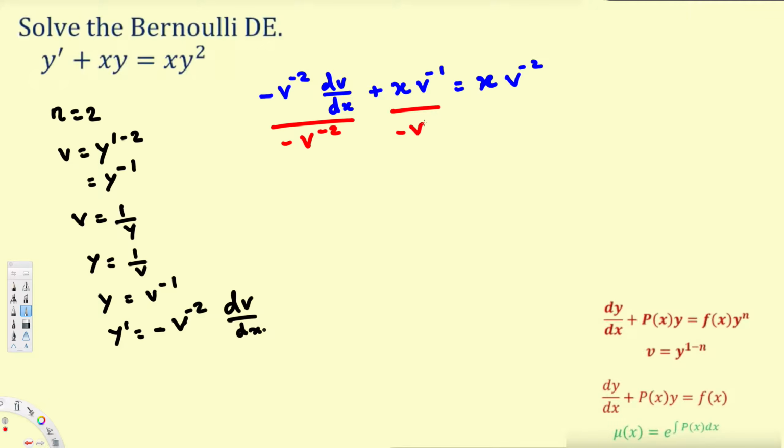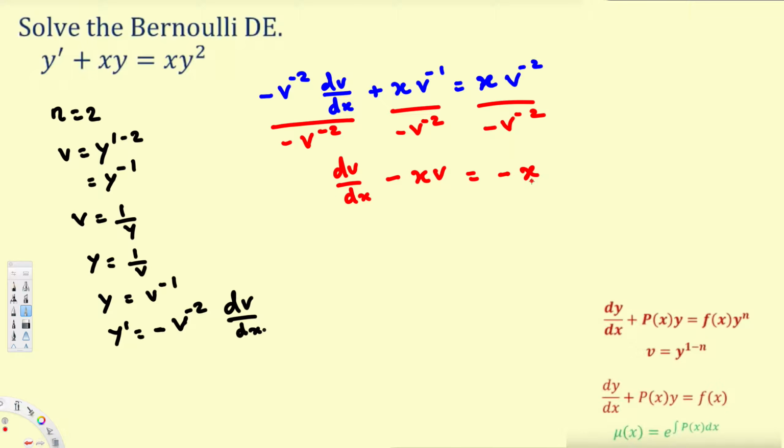Finally we will end up with dv by dx, and this is going to become minus, and we are going to have v power 2 minus 1, which is xv, and on the other side of the equation we are going to have minus x.